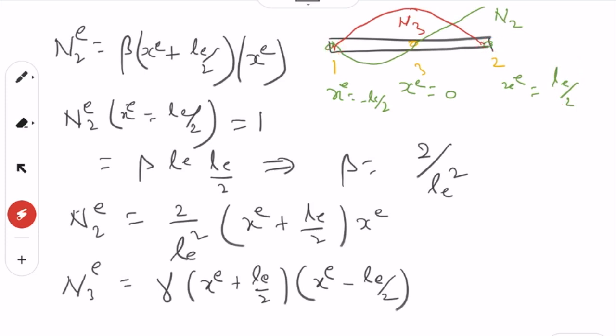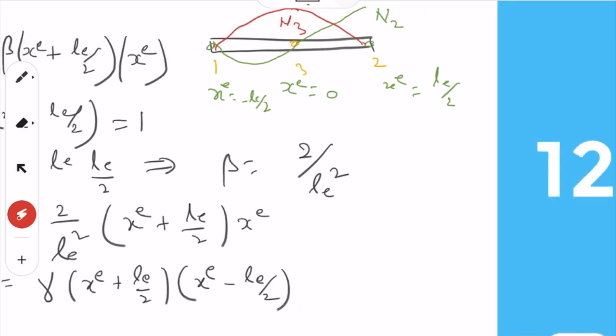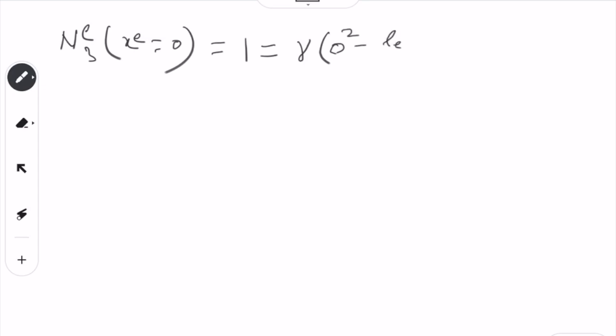Now we have to find gamma in such a way that N3 will be equal to 1. So Ne3 at xe equal to 0 has to be equal to 1, which is equal to gamma and then 0 square minus Le square over 4, right?